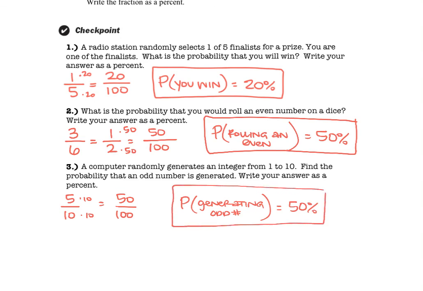The probability of generating an odd number in this case should be 50% because it would be 5 out of 10 times. All right, next you should move on and watch lesson 7.3 on percents and decimals.